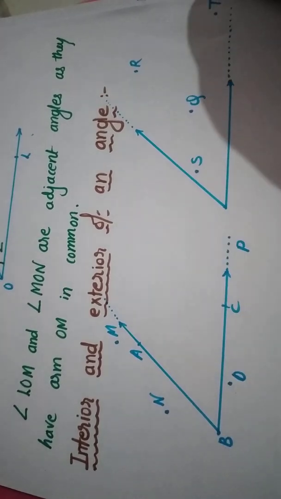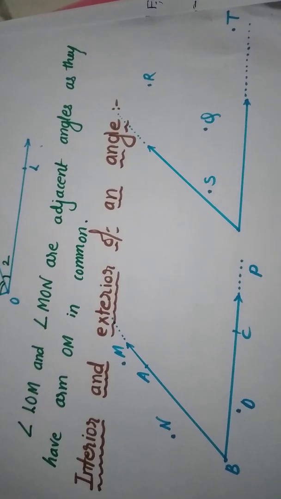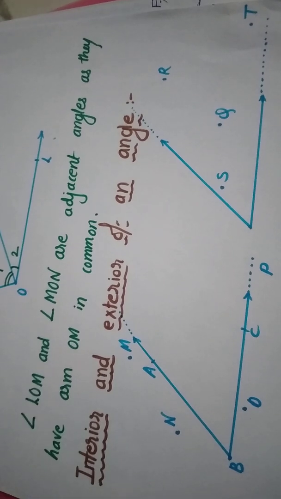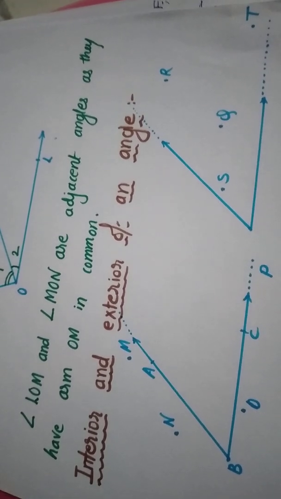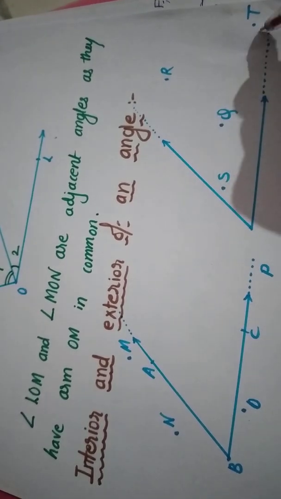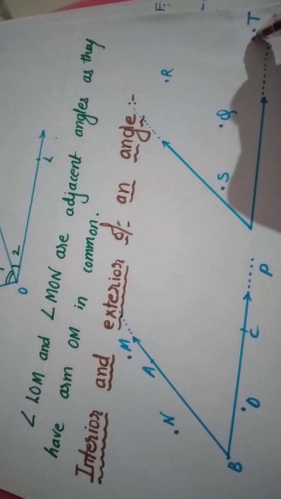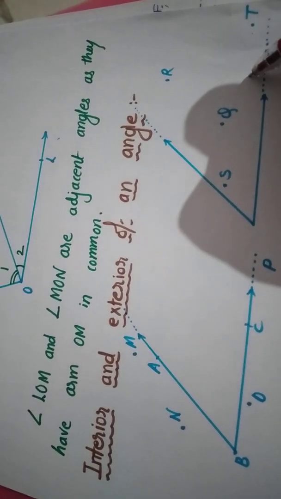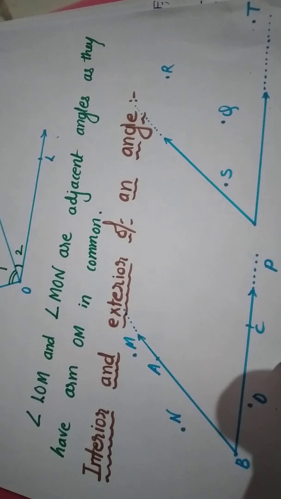But in this angle, see here, some points are drawn here. That is point Q, point S and point R, point T. So these are at the interior of the angle. So this part is called the interior of the angle and this part is called the exterior of the angle.